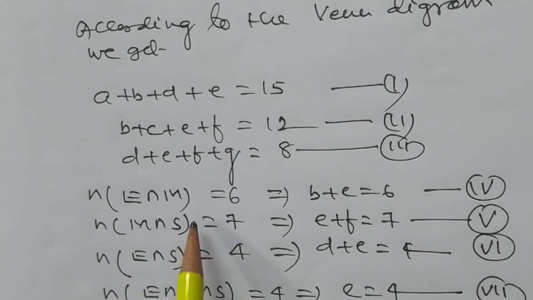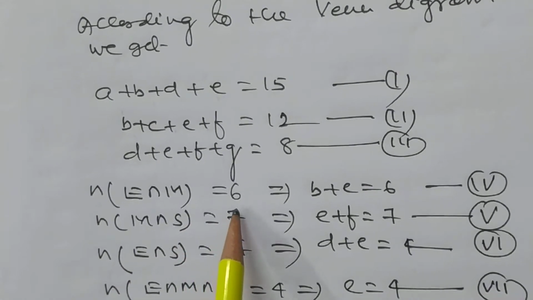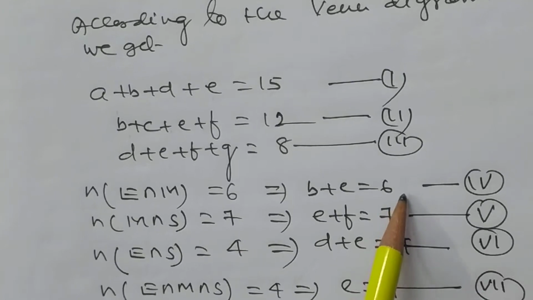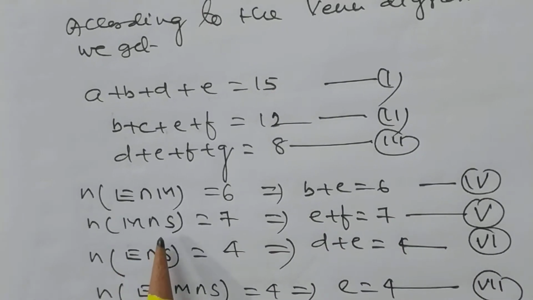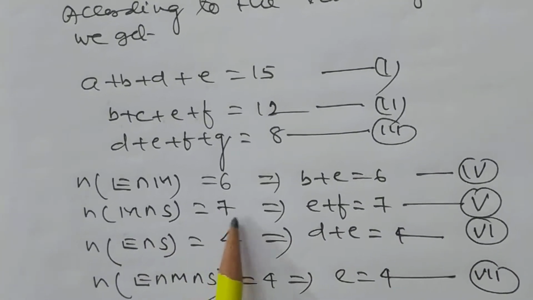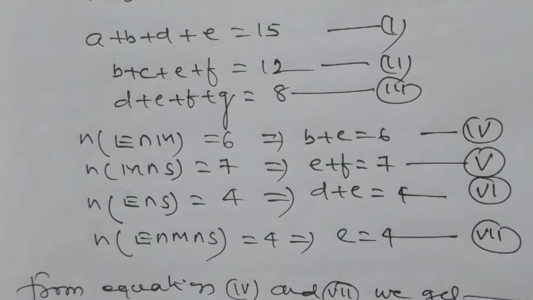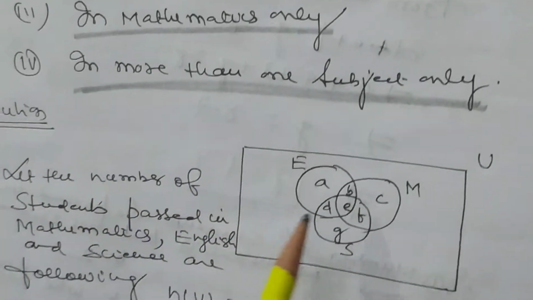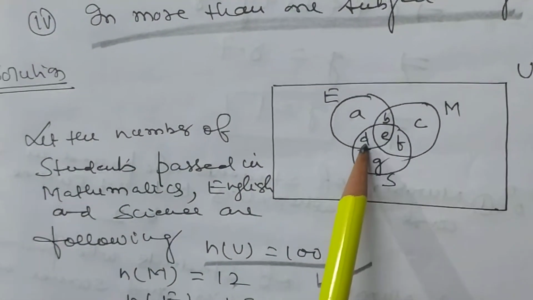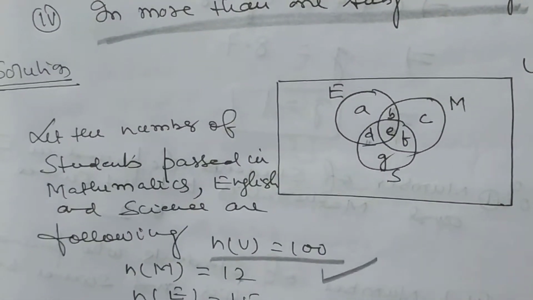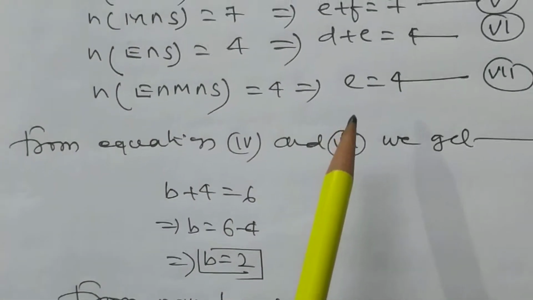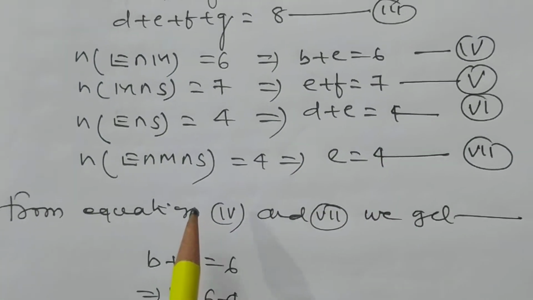And in this way, cardinal number of E intersection M is equal to 6, that is B plus E is equal to 6. Cardinal number of M intersection S is equal to 7, this is E plus F is equal to 7. Cardinal number of E intersection S, see here, this portion, E plus D. Cardinal number E plus D is equal to 4.